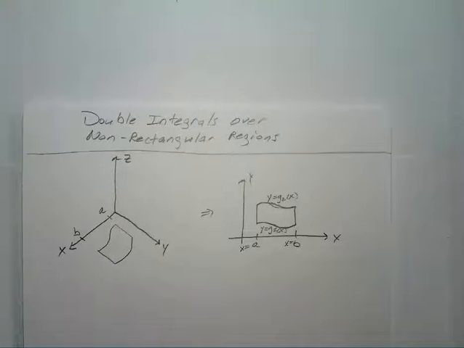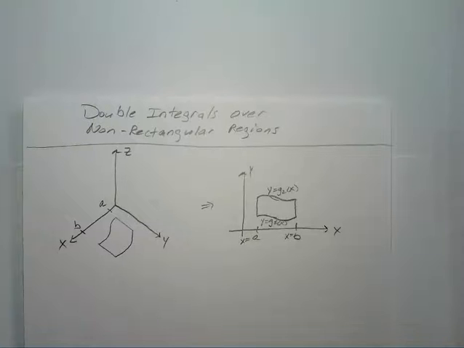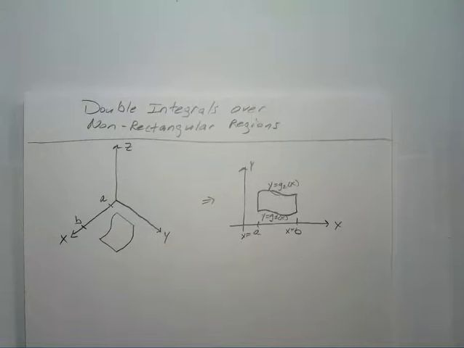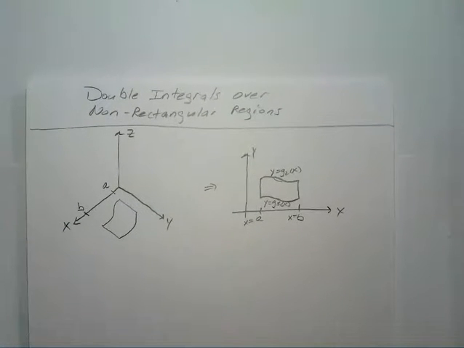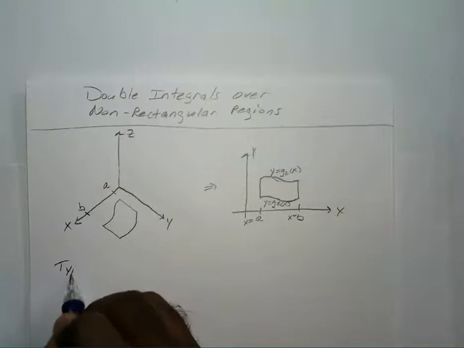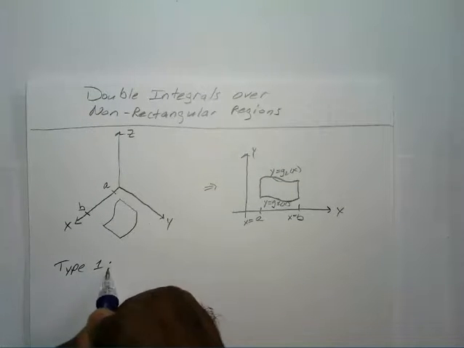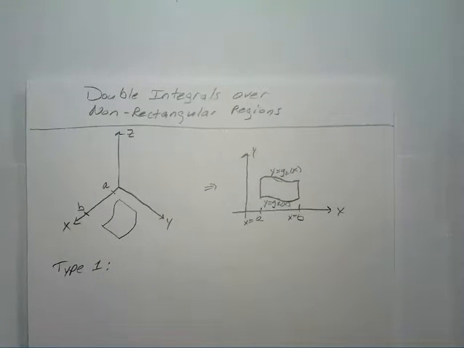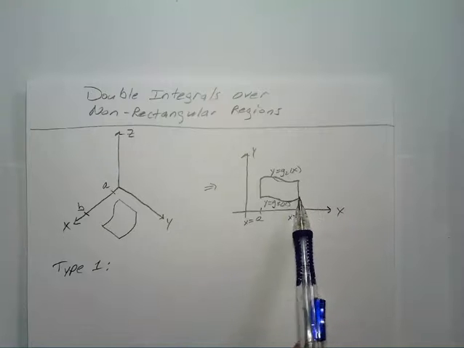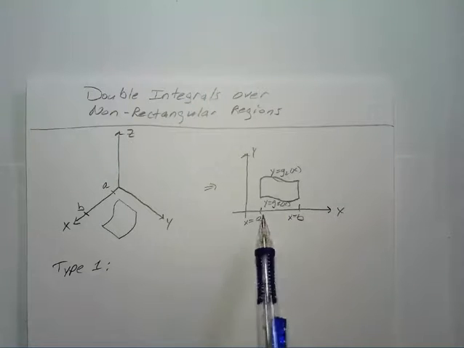Okay, so this gives us our type 1 region, as we will call it. So what if our region is bounded on the left and right by A and B?